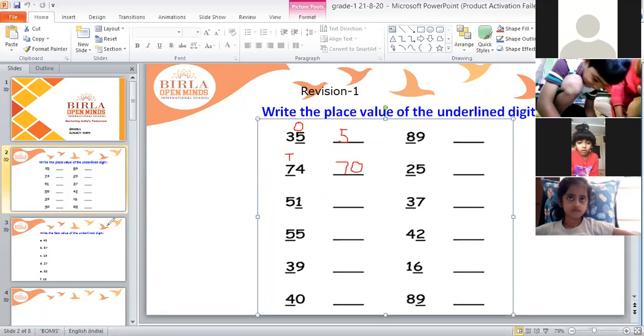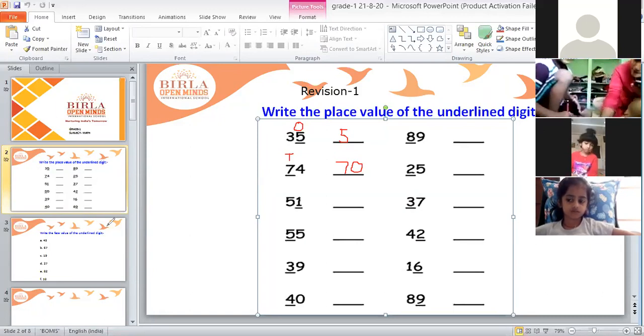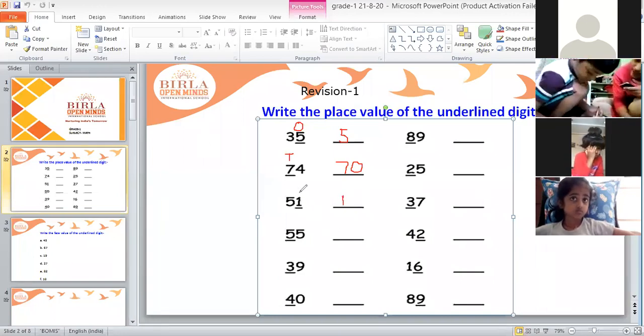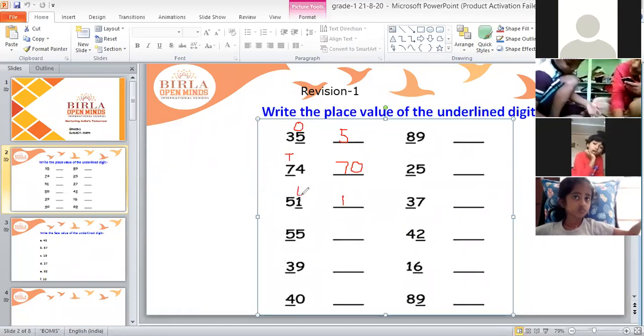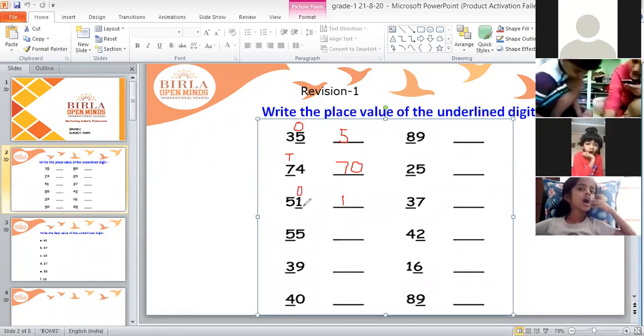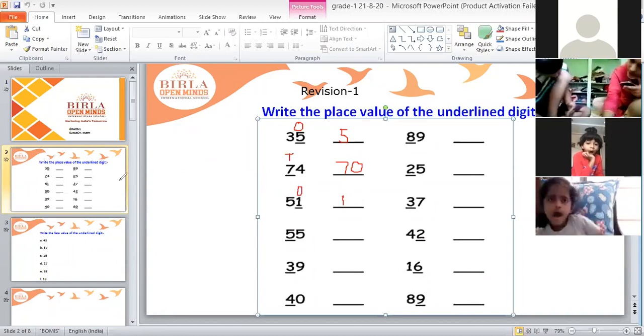We will write this 1 as it is. Children, see here, there is no 0 in ones. We will write this 1 as it is because the underlined digit here is 1 and 1 is in the ones place.